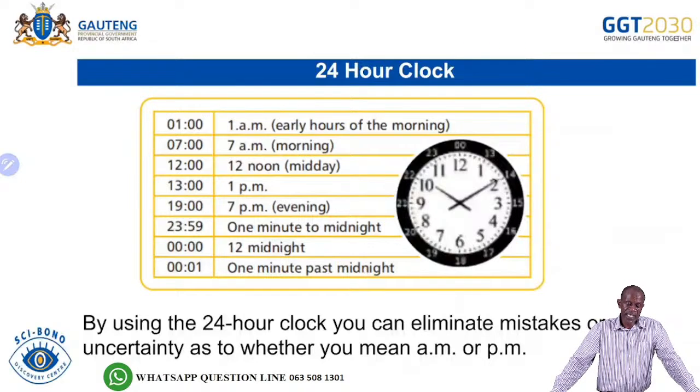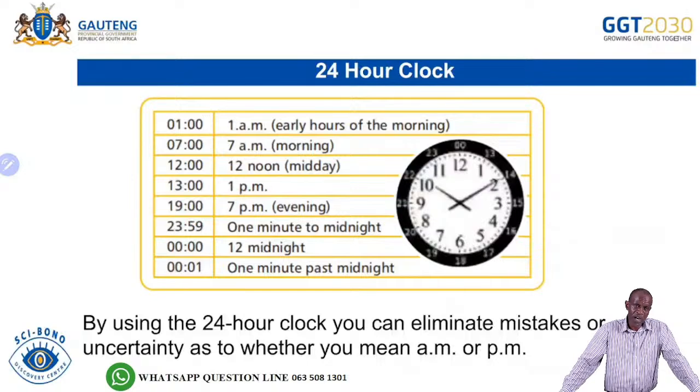Here is just an example. 1:00. It's 1 in the morning, and it is how it should be written. Forget about the AMs, because we have only one 1 hour of a clock when we use the 24-hour clock.